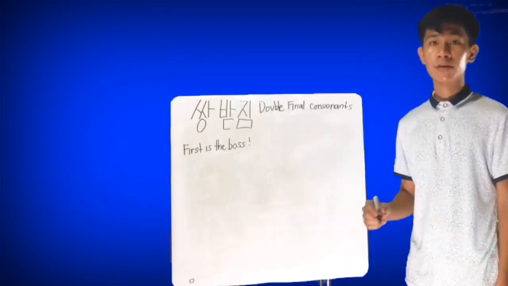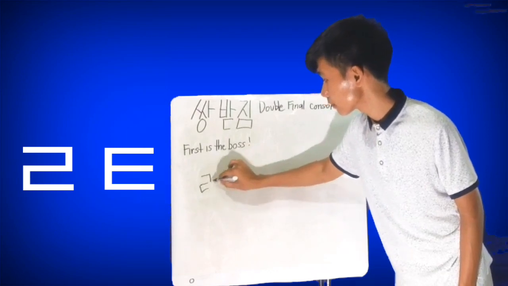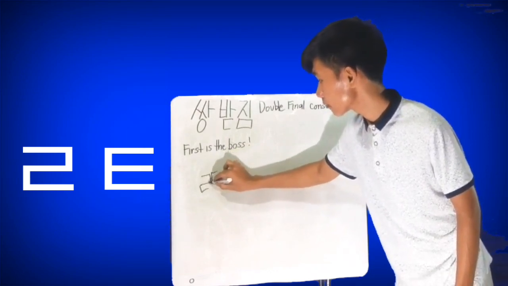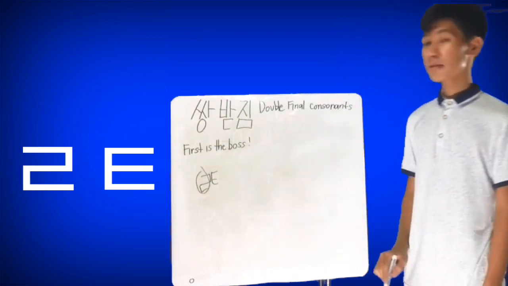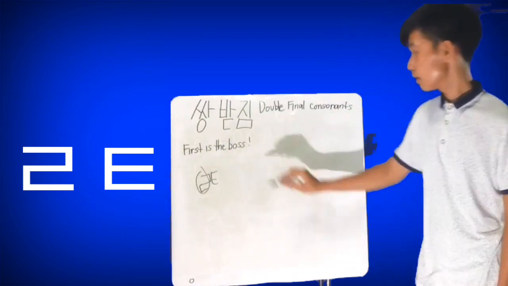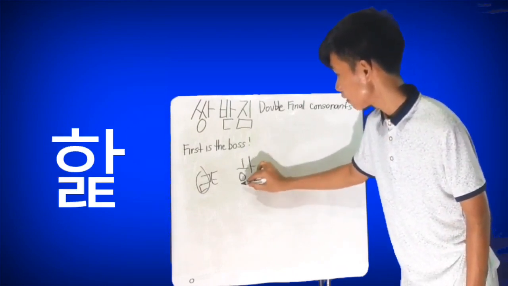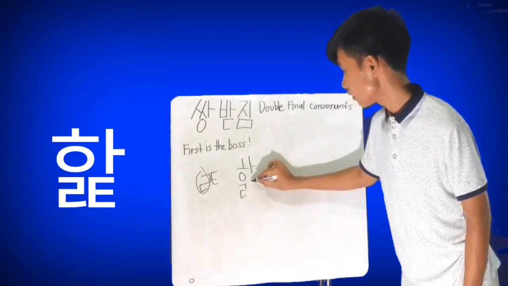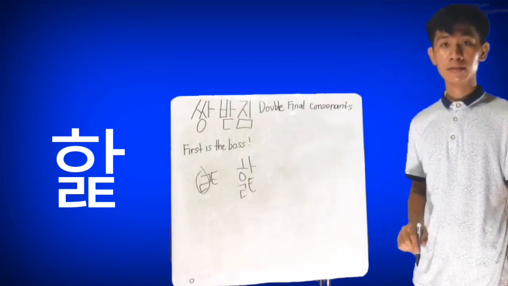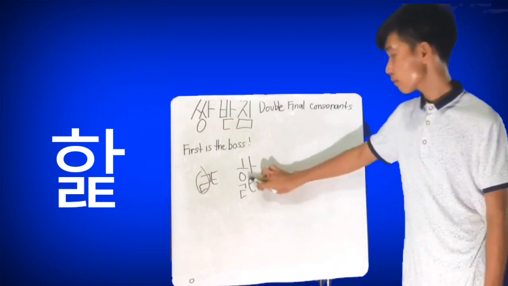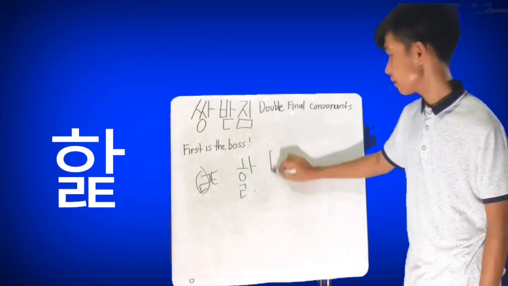Next sang pachim, real kyop. This one is dominant. So for example, hal, hal. So in pronunciation, we will remove this one. So it is pronounced as hal.